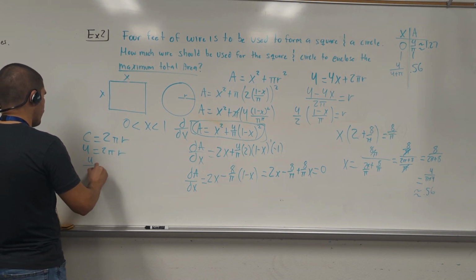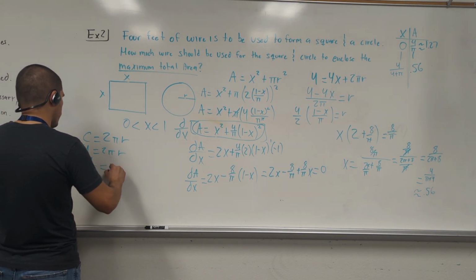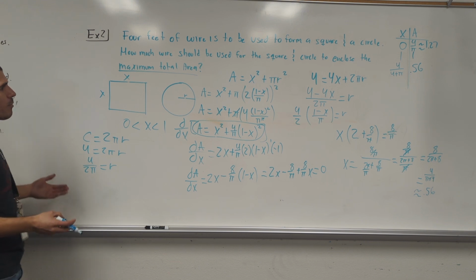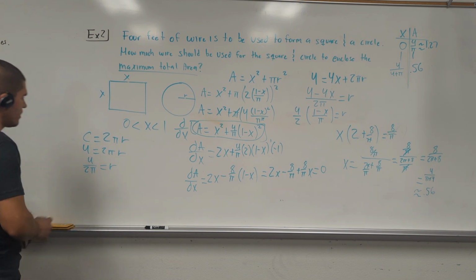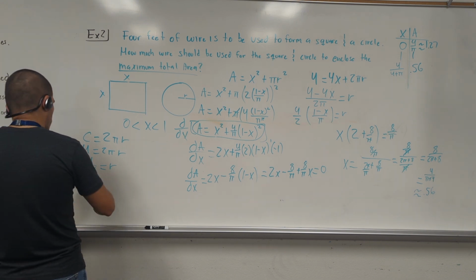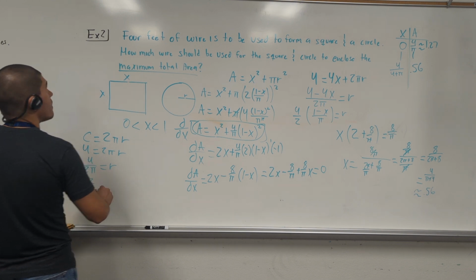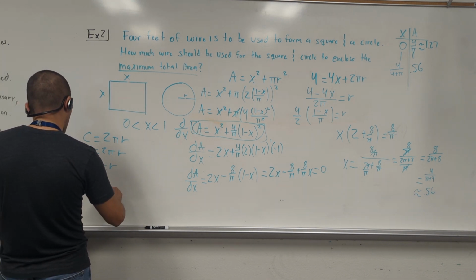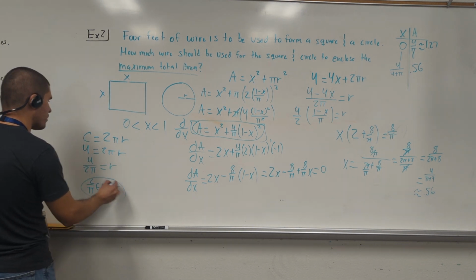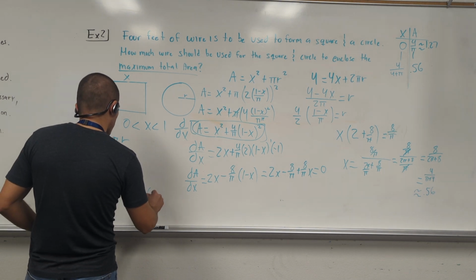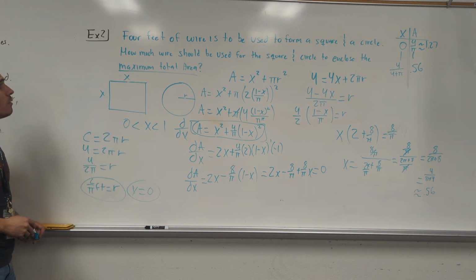So 4 over 2 pi is equal to r. In other words, I have to create a circle whose radius is 2 over pi feet. That would be the dimensions of the circle, and x would have to be 0.